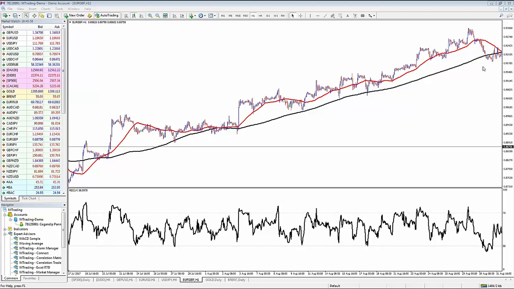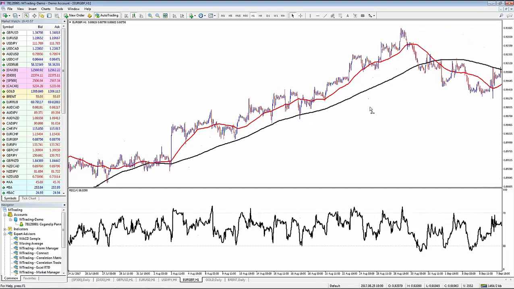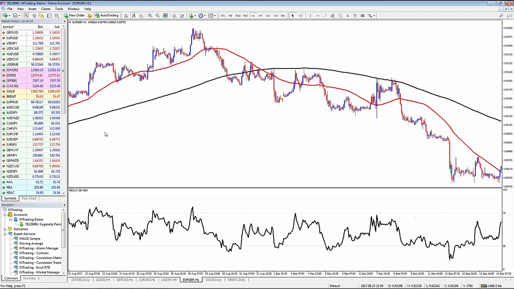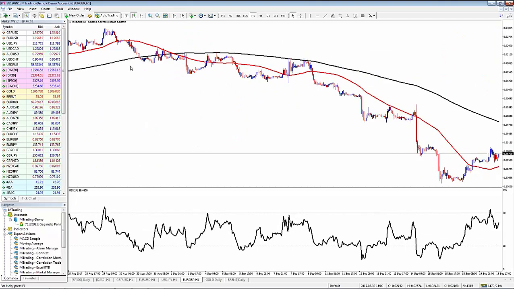Okay, so let's have a look at what's taken place recently. Let's move across. We did have the crossover, which led to a downtrend. That is our downtrend, as you can see. Let's zoom in a little. We've had the crossover, and now that's a signal for a short position.